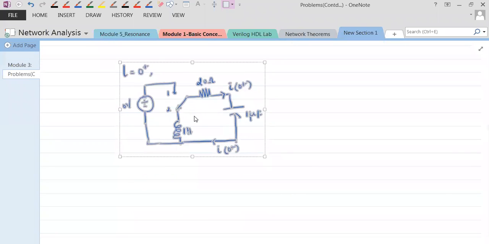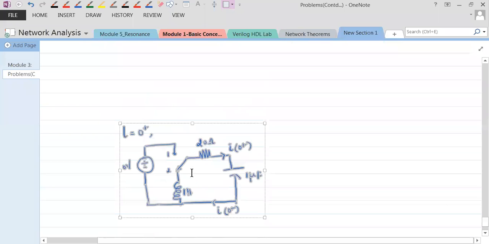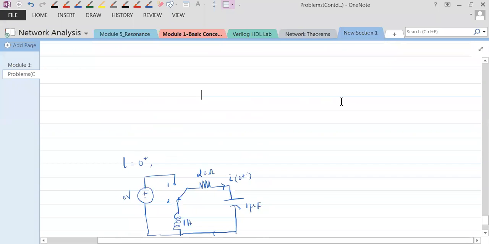So this is how it is going to look like now at t equal to 0 plus.